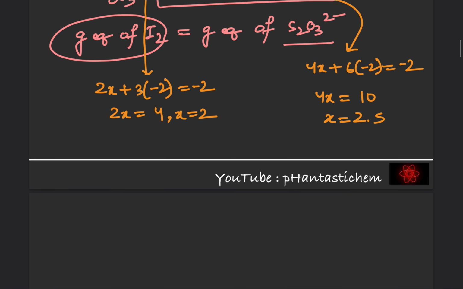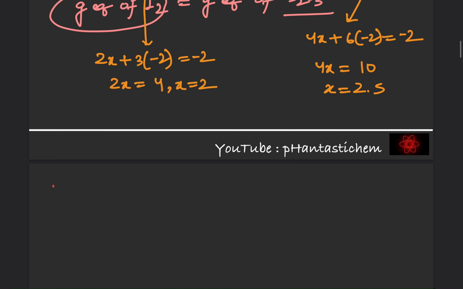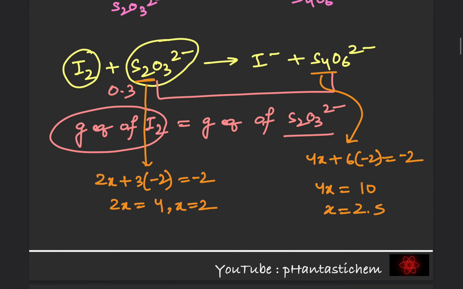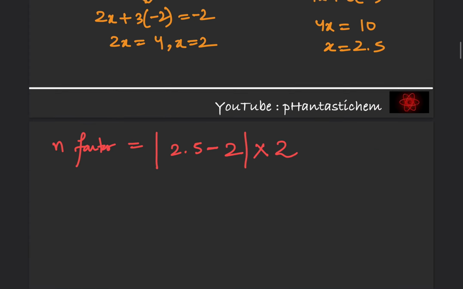Therefore n factor will be equal to modulus of 2.5 minus 2, into 2, since there are two S atoms in the reactant undergoing change. So this is 1.